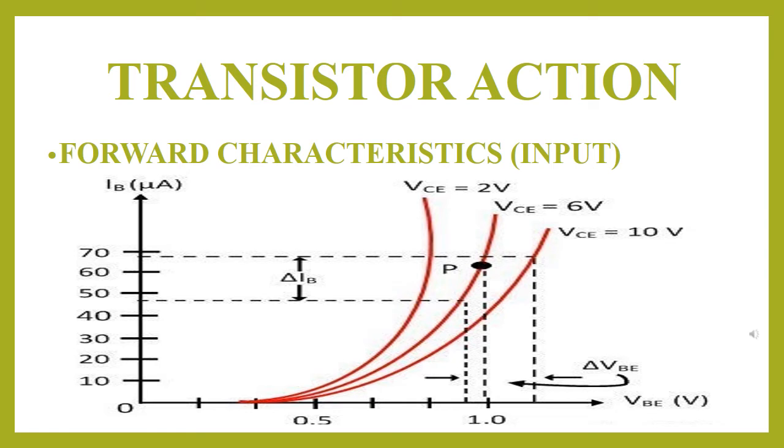IB is affected by the concentration of positive and negative charges here. At the same time, in the reverse circuit, there is a reverse current, meaning this current is not made by majority charge carriers. When we increase VCE, the number of charges increases, meaning minority charges increase, and this affects IB.